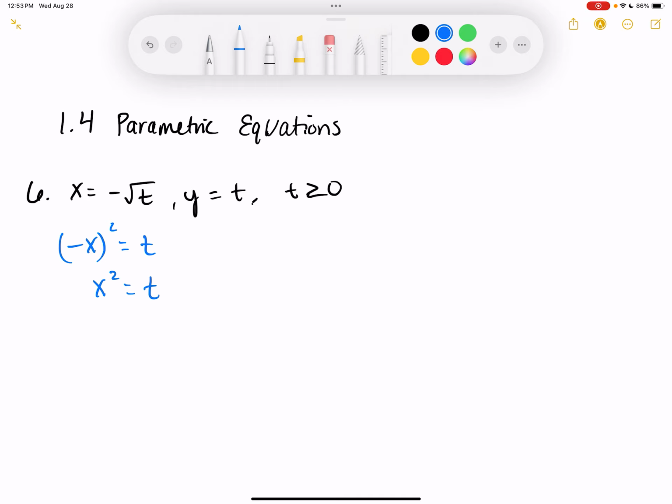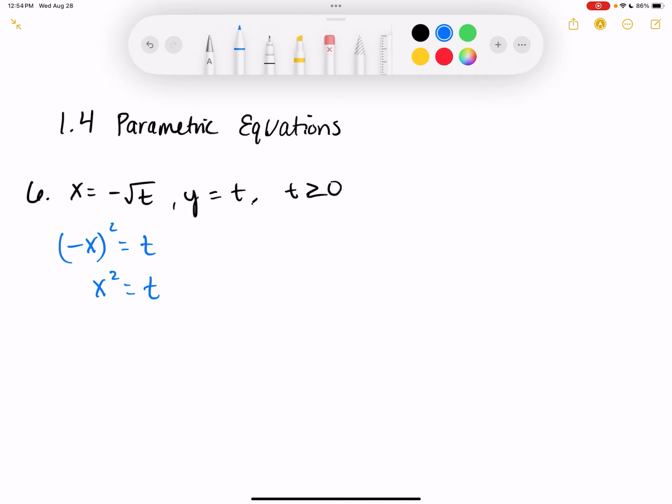So if I need things in terms of x and y, and I have y equals t and x squared equals t, any ideas what I can do? Wait, can you say it one more time? Yeah, so if I know that y is equal to t and x squared is equal to t, and I want an equation that only involves x and y because I want a Cartesian equation, what might I need to do?